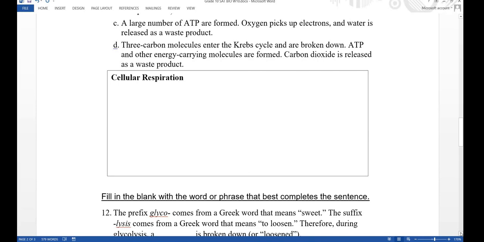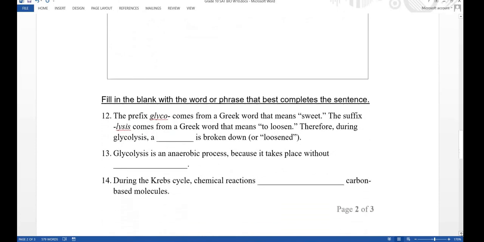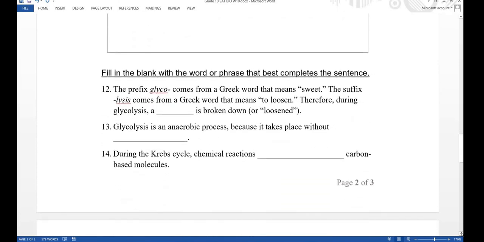Okay? Moving to number 12, the prefix glyco comes from a Greek word that means sweet, and the suffix lysis comes from a Greek word that means to loosen. Therefore, during glycolysis, a dash is broken down or loosened. Sugar. What is it which is broken down? Sugar. Very good.